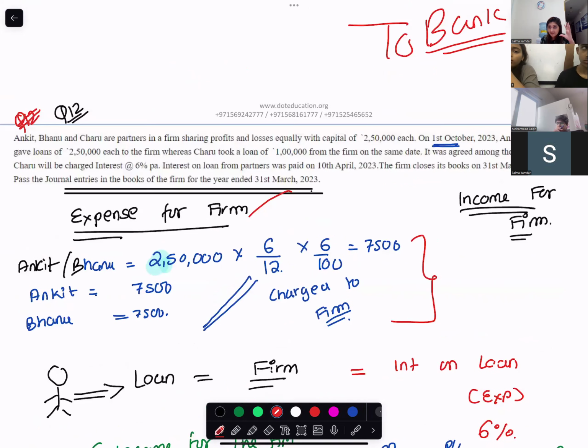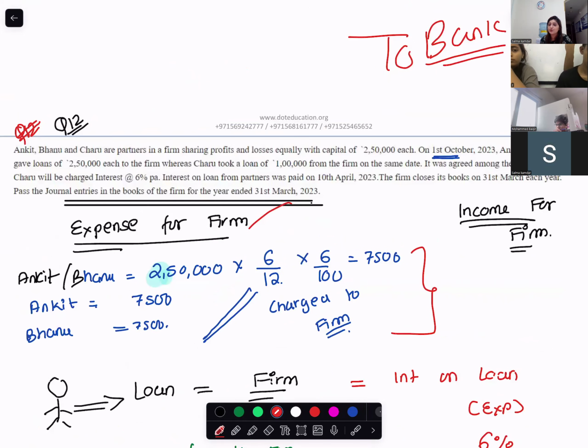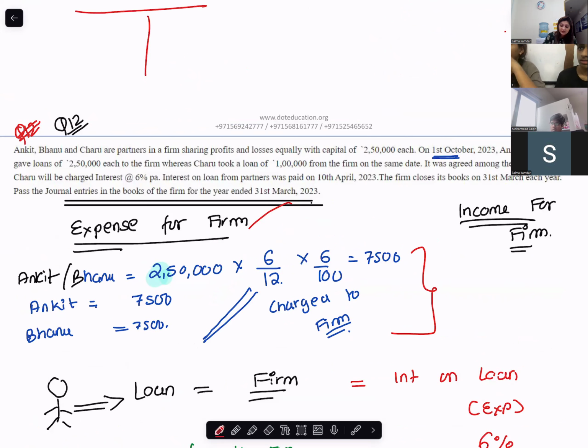Tell me the two places where the interest on loan will appear. For Ankit and Bhanu, it appears on the profit and loss account, which side?